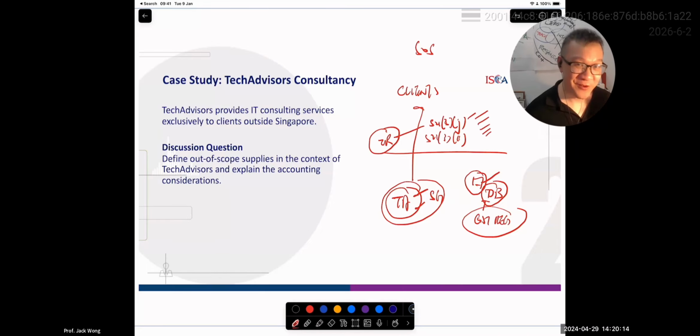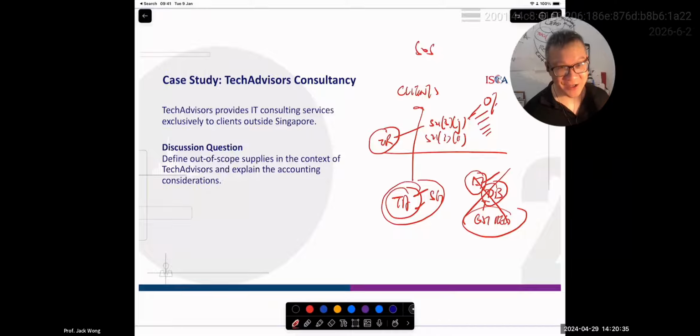I may be looking at 21(3)(j) to see whether I can zero rate the supply, provided that all the conditions are satisfied. So if I cannot find any direct beneficiary in Singapore at all, then chances are it can be zero rated. But there's no scope for me to even think of the supply as an out of scope supply.